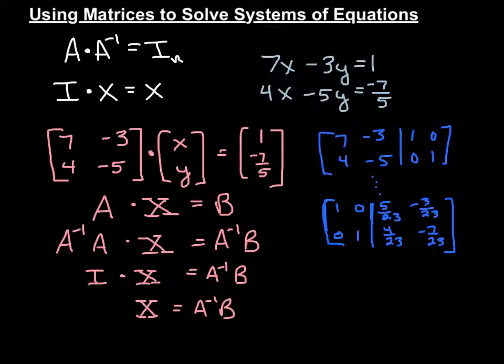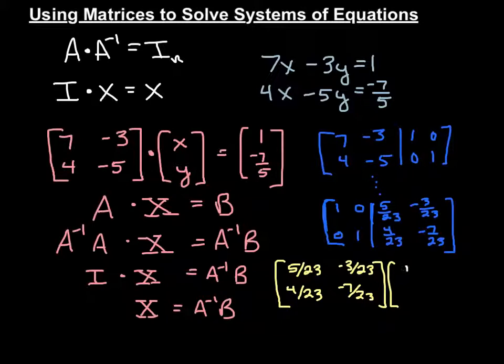So then you would take your inverse, which is 5/23, negative 3/23, 4/23, and negative 7/23, and multiply it to your answer matrix.